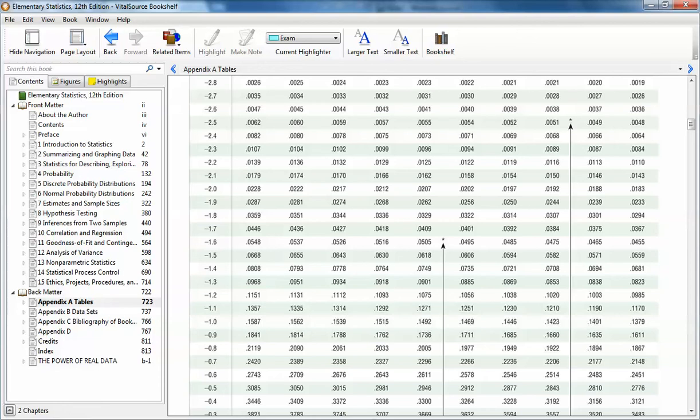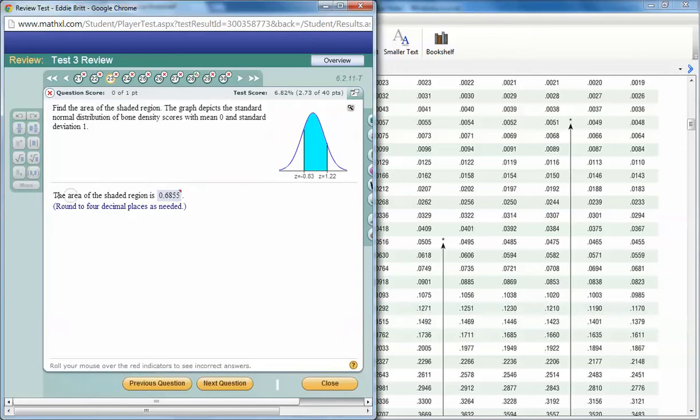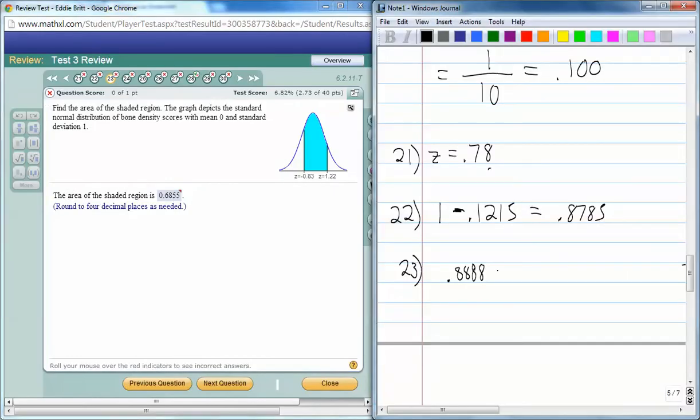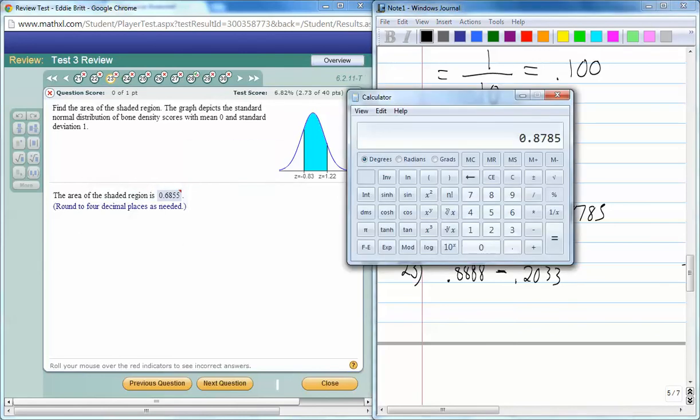Alright. So negative 0.83 is 0.2033. So minus 0.2033. Let's do that in my calculator.